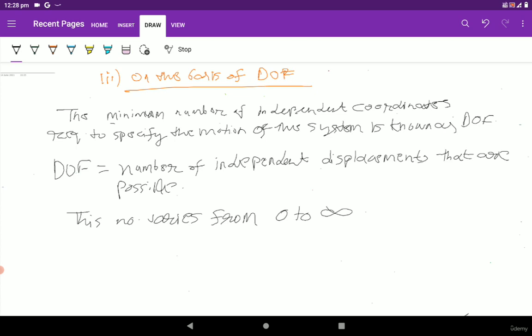So first of all, we can classify the vibrations in three types. First one is single degree of freedom.